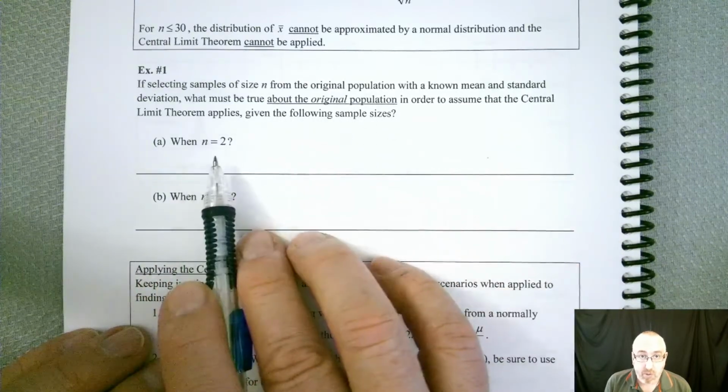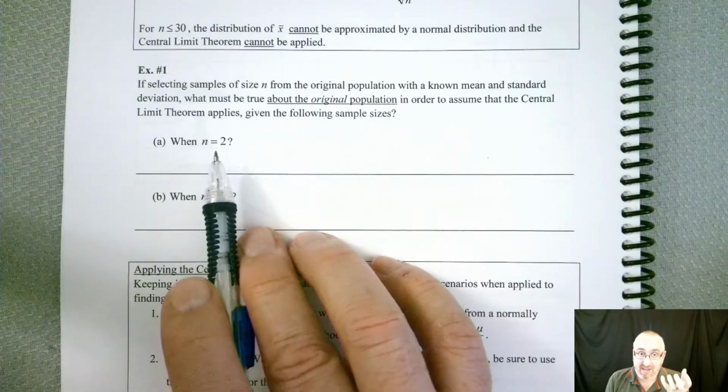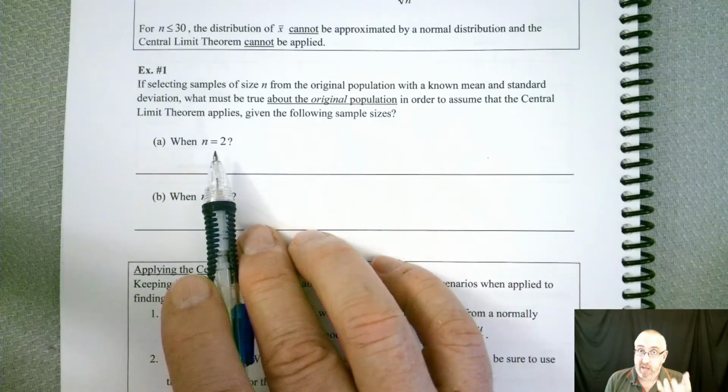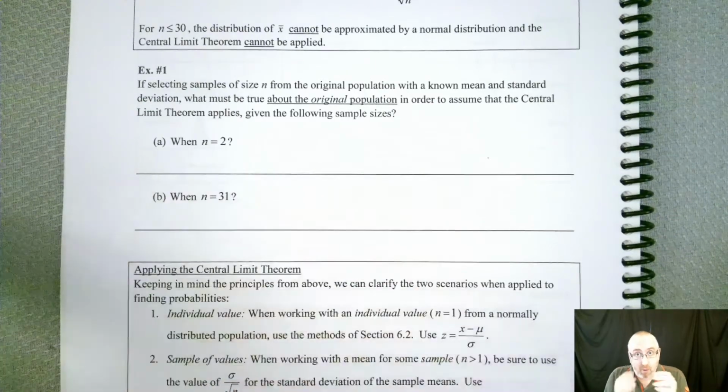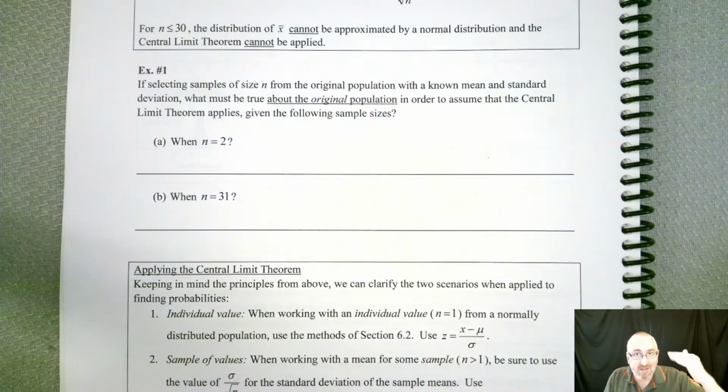So when n is equal to 2. The first conclusion you should make is that n is small. If n is small and we want to be able to assume that the sample forms a bell-shaped curve, what do we have to know about that original population? Essentially, which case are we looking at?